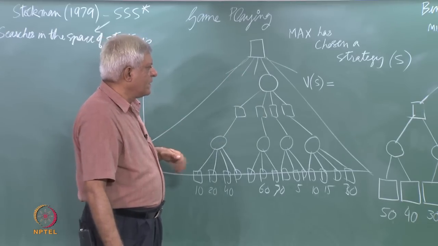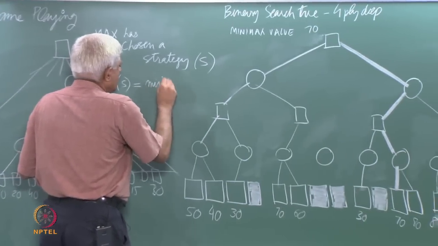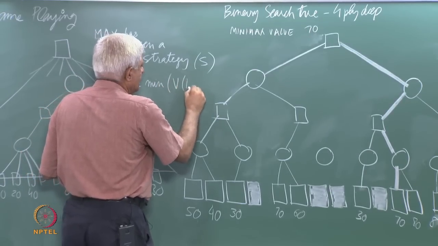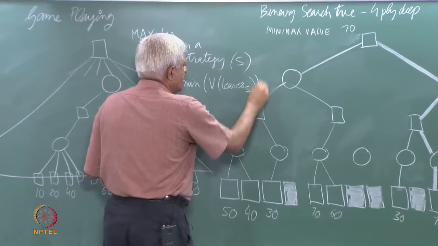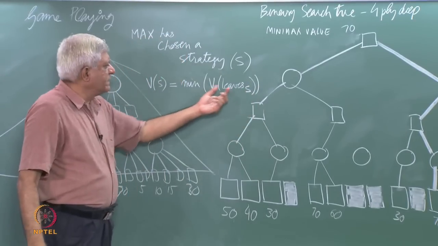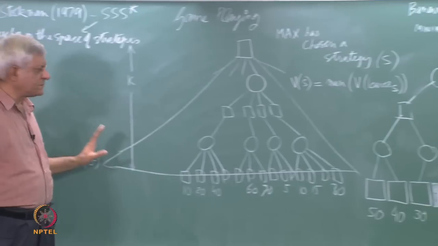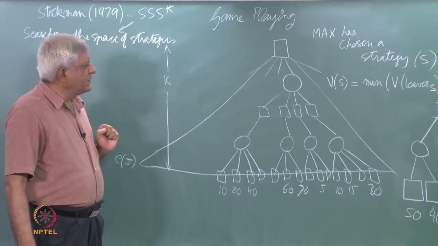So, the value of a strategy is the minimum of the value of the leaves in the strategy S. I use this notation to say that these are the leaves of the strategy S, and the value of the strategy is the minimum of the value of the leaves of this strategy.